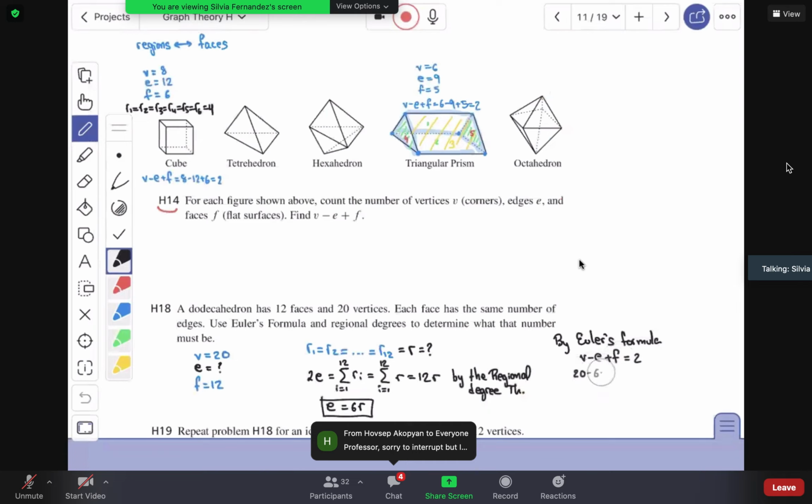Edges, we need R, but we're going to find both E and R. So 20 minus E plus 12 equals 2. So 20 plus 12 is 32, minus 2 is 30. So E equals 30. And therefore, with this one, R equals 5. So the faces are pentagons.